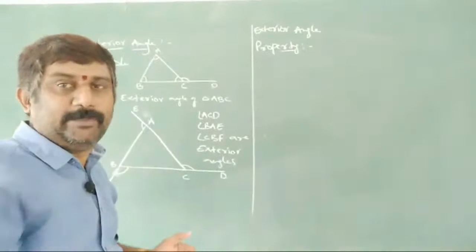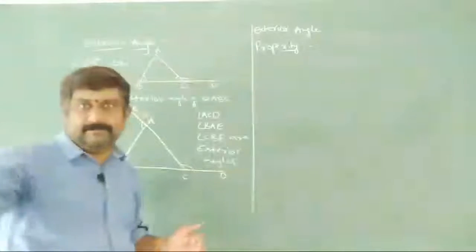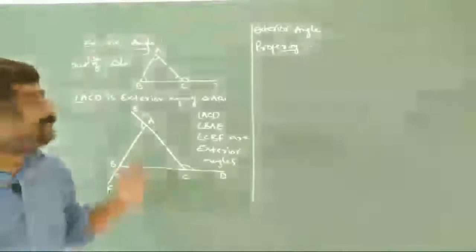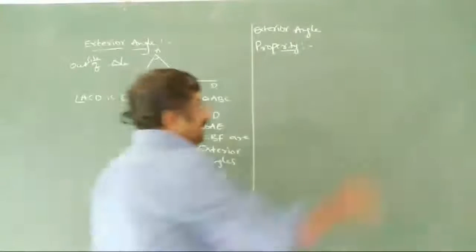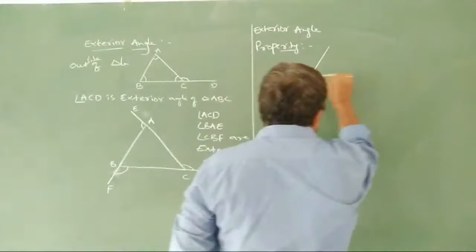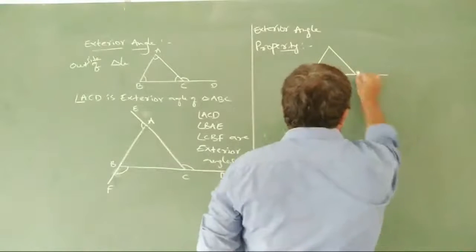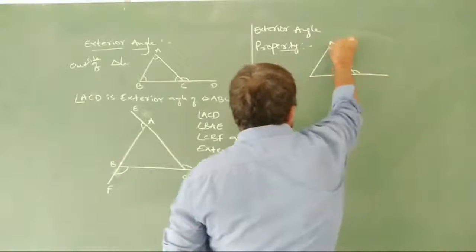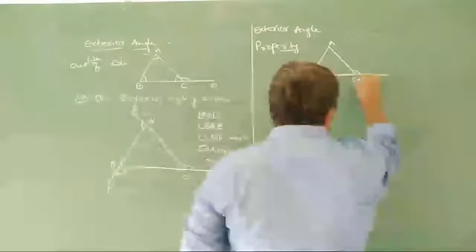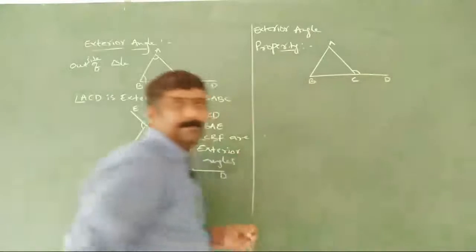How is it going to be? Let us see here. Just drawing a triangle and extending one side here. This is A, B, C and D.